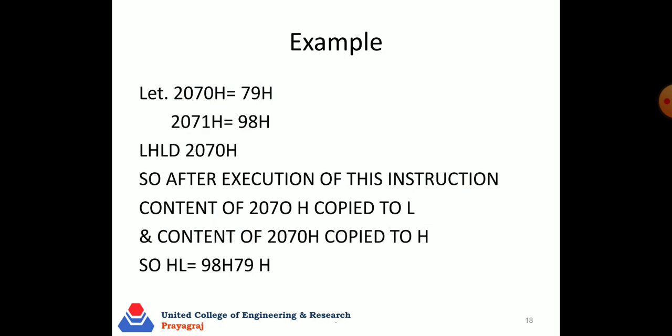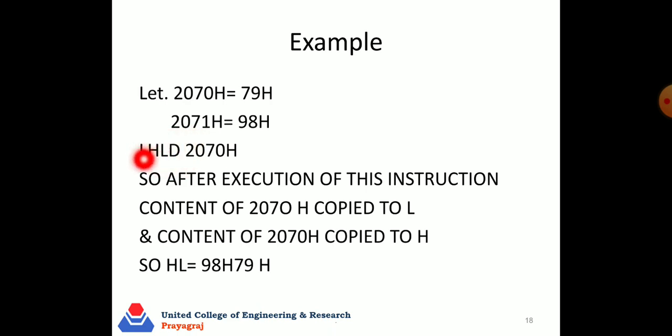We take another example. Suppose 2070H has 79H and 2071H has 98H. Remember one thing, we are taking consecutive memory locations. That means if 2070, then 2071.